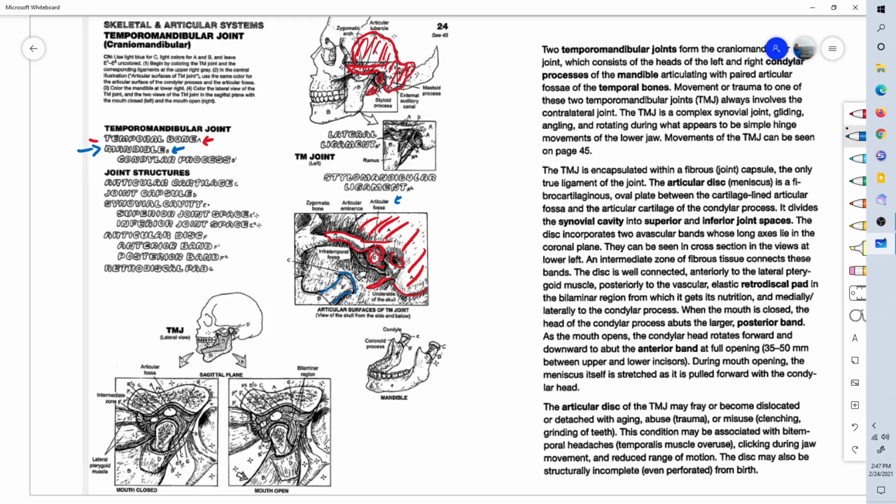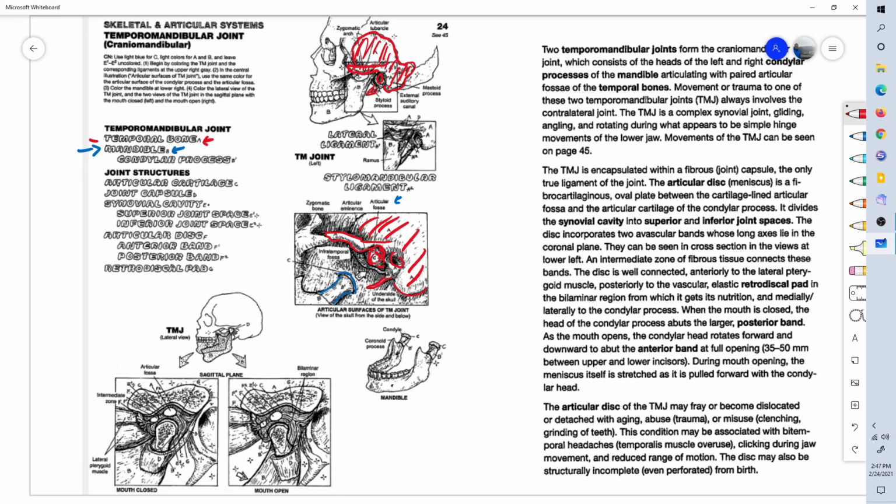It has cartilage, slippery cartilage on the surface, as does the articular fossa. You want that in all your joint spaces. It is a synovial joint, so there's synovial fluid inside there, and you want the surface to be very slippery.